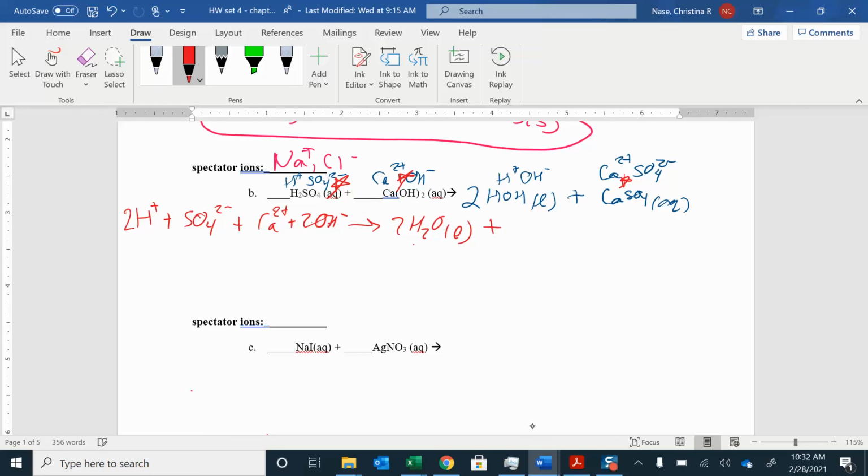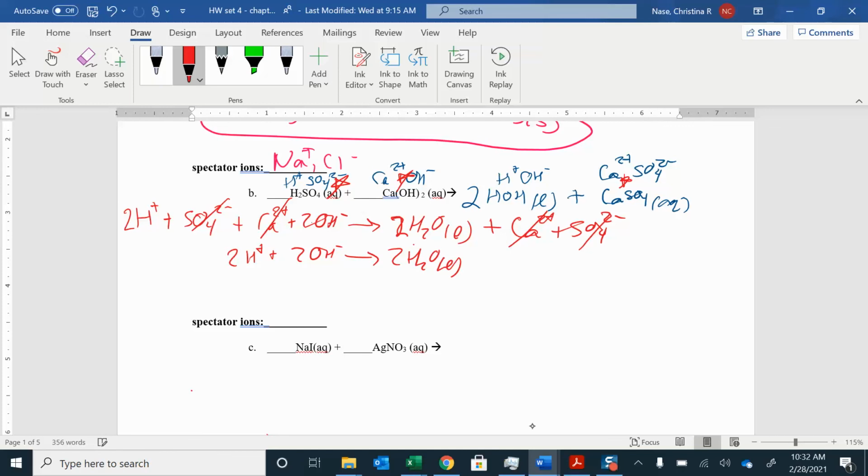That's a liquid that does not dissociate into ions. Calcium sulfate does. And then I can cancel things that are the same on both sides. I've got sulfate, calcium, calcium. So I'm left with 2 H plus, 2 OH minus, and 2 H2O as a liquid.